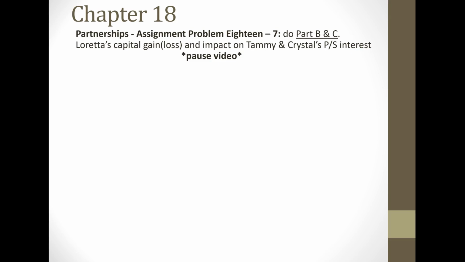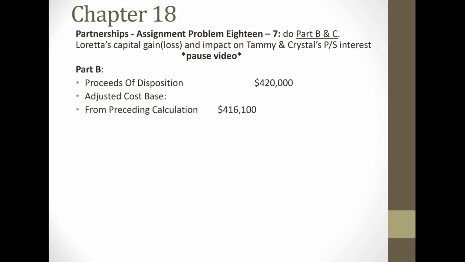So figure out those amounts, pause the video now, and then once you're ready, then resume the video. Okay, let's look at Loretta's disposition of her partnership interest first. So Loretta is going to receive proceeds of $420,000, and from that we're going to subtract the adjusted cost base of her partnership interest, which was $416,100. We figured that out on the previous slide. But she also has selling cost, legal and accounting fees of $2,300.